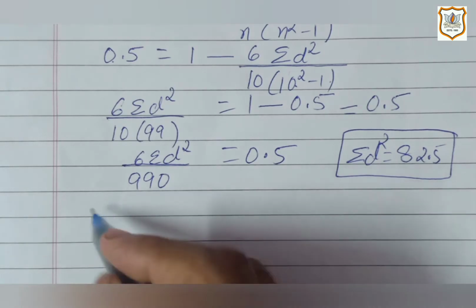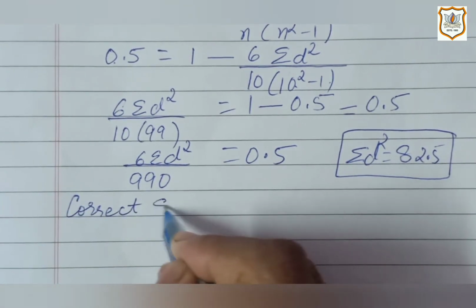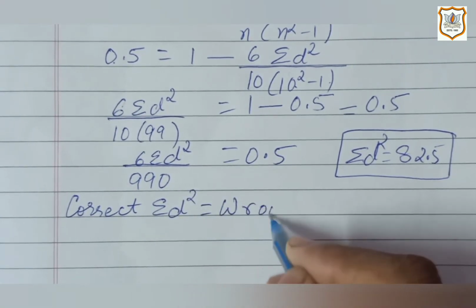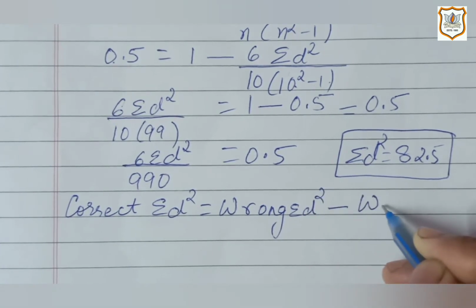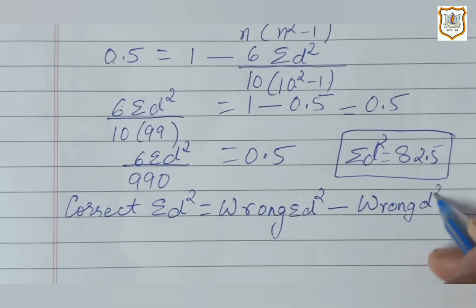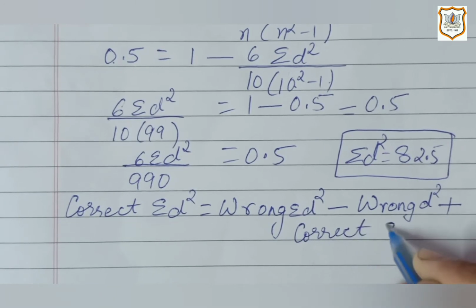For finding the correct value, we can do this: correct sigma d square is equal to wrong sigma d square minus wrong d square plus correct d square.